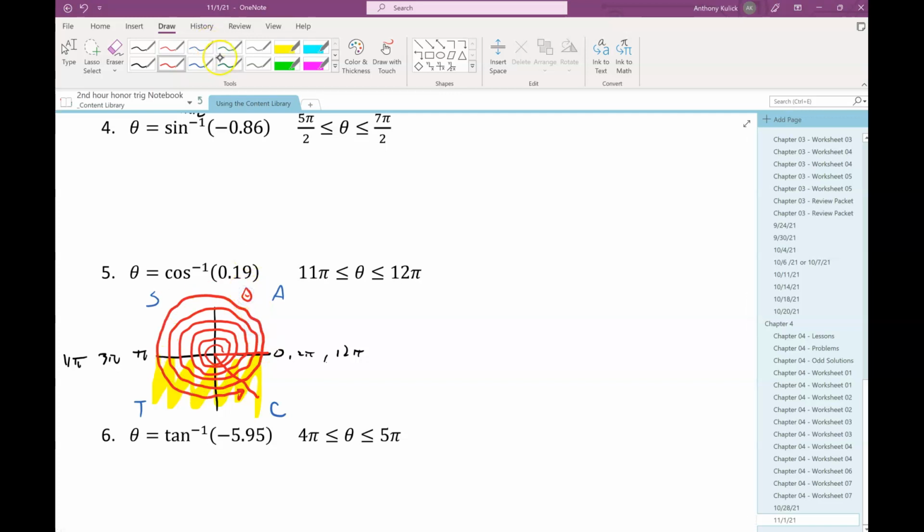There's that. There's my alpha. Since the last axis we passed was vertical and we're positive this time, we're going to be subtracting. So theta is going to be 12 pi minus alpha, where alpha is cosine inverse of absolute value 0.19.